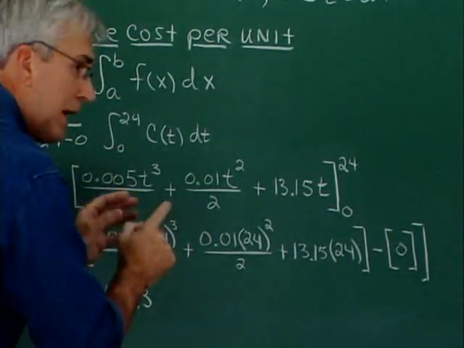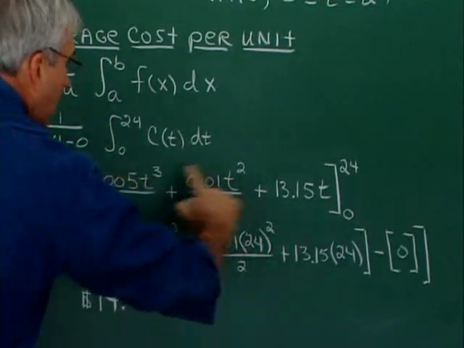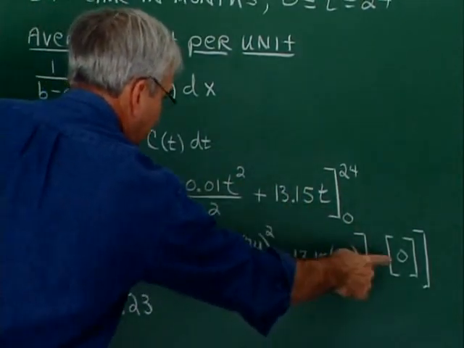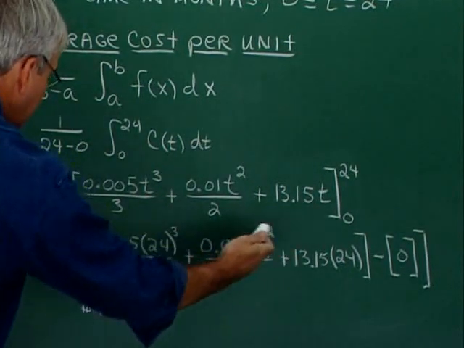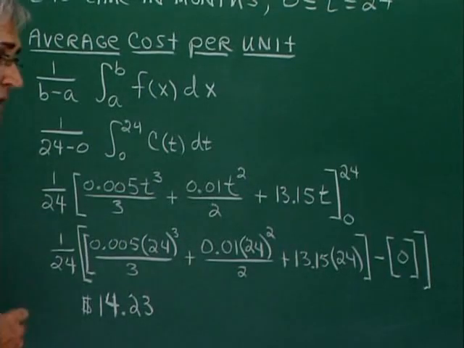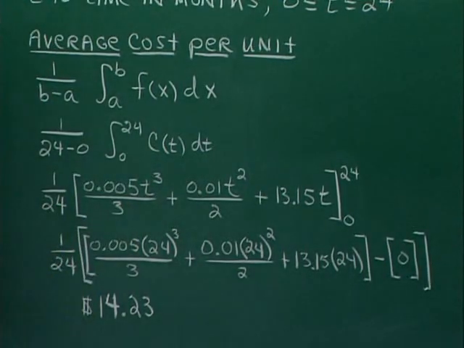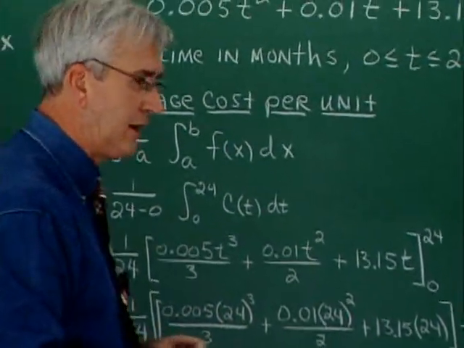And then minus F of a. Well, F of a means replace these t's with zeros. All of these terms go out, so the expression just becomes 0. And then performing the indicated operations, we find that the average cost per unit in that interval of time is $14.23.